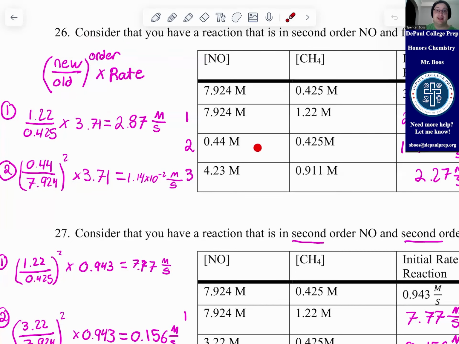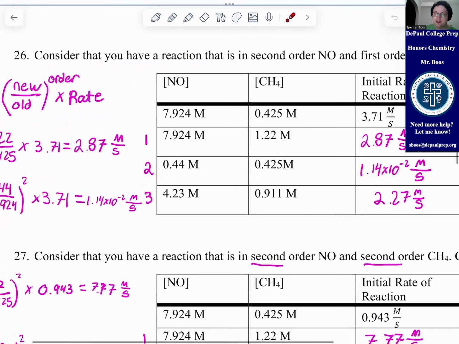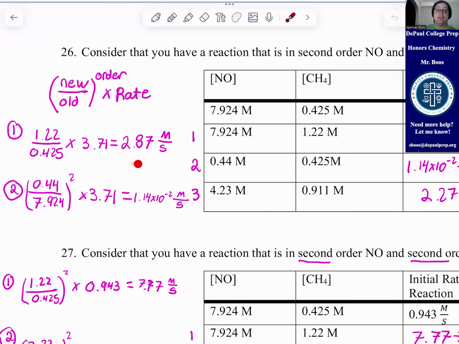You are always relating whatever it is to the top row, even if it's this one down here. So you do new over old, raised to the order, which the question tells you. Then you multiply by the rate 3.71, and we get 2.87.